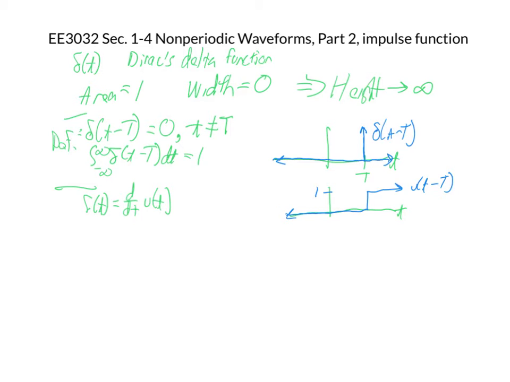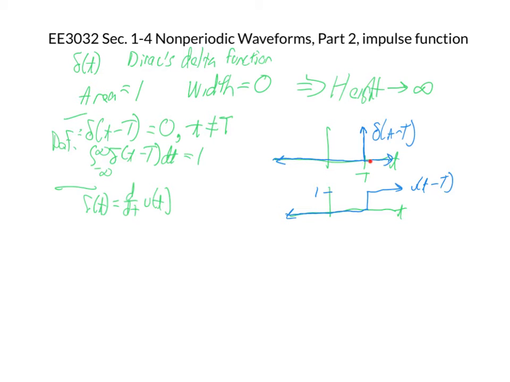If I'm taking the derivative of the unit step, the derivative here is 0 because this is a flat region. Here, when the unit step goes up to 1, the derivative is still 0, so the delta function captures that. But the additional thing the delta function captures is that if I integrate it, I'm getting no change at these values, no change at these values.